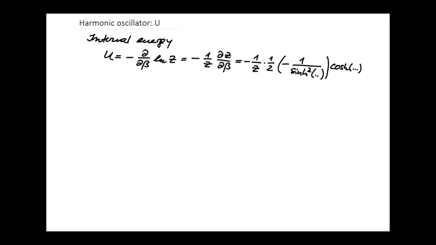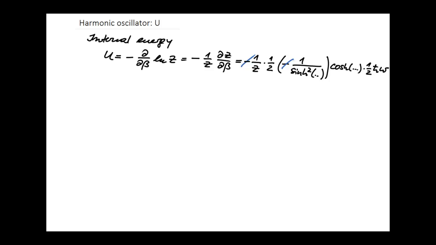And remember the argument was 1/2 h bar omega times beta. Deriving that with respect to beta gives you 1/2 h bar omega. Now there are a few cancellations. First of all, the minus sign cancels out. Then you have one over the partition function.